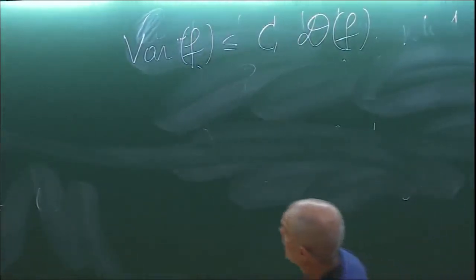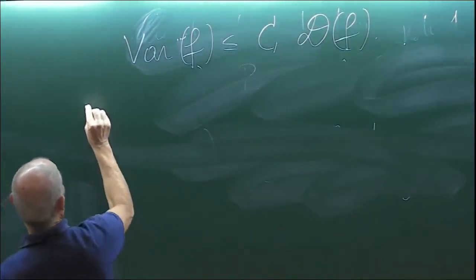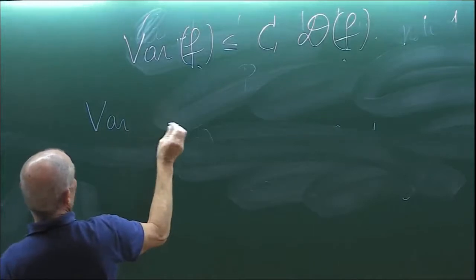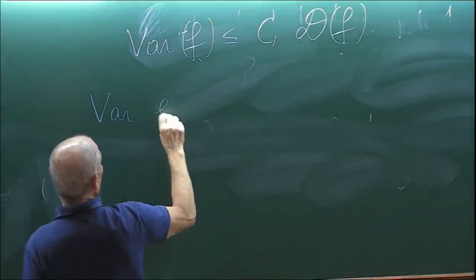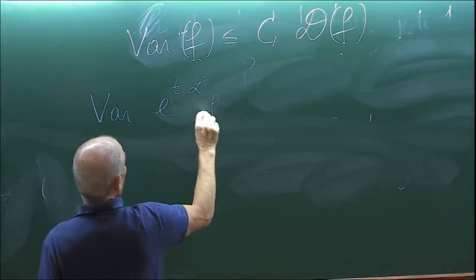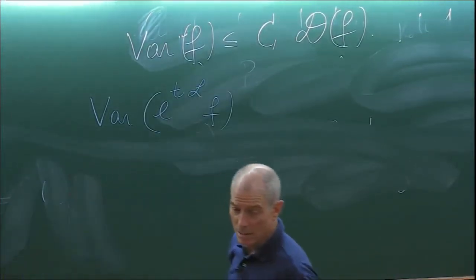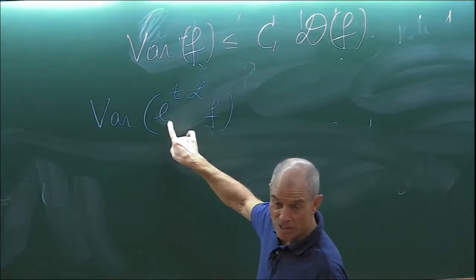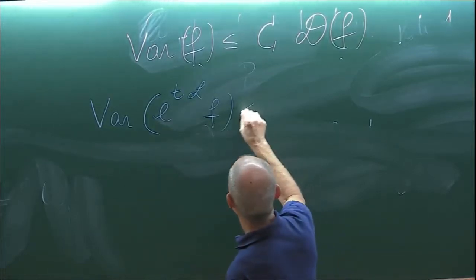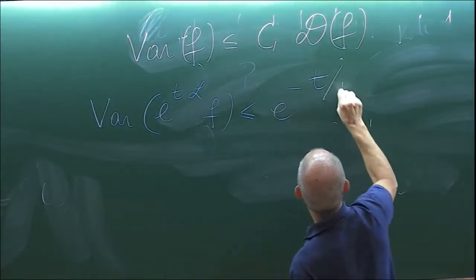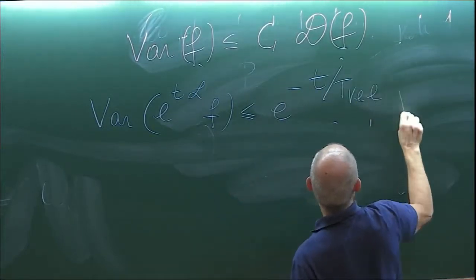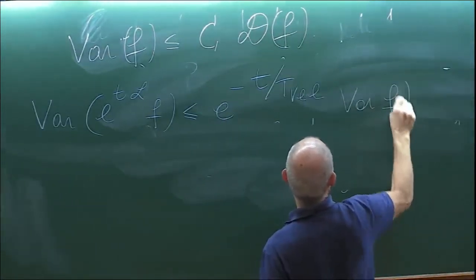Of course, the reason why we are interested in this relaxation time is that if we compute the variance of the semigroup of the chain applied to a function, what we get is exponential of minus t over T_rel times the variance of the function originally.